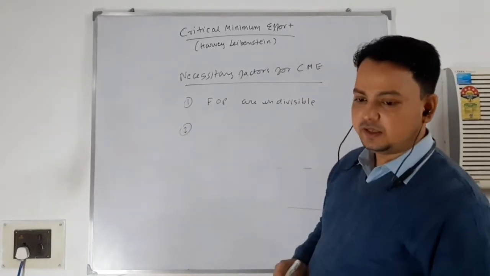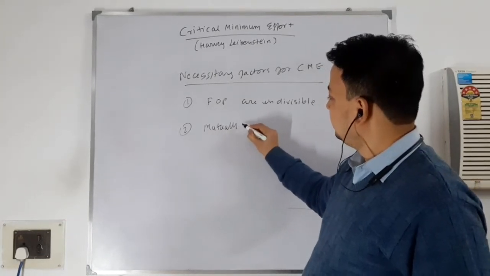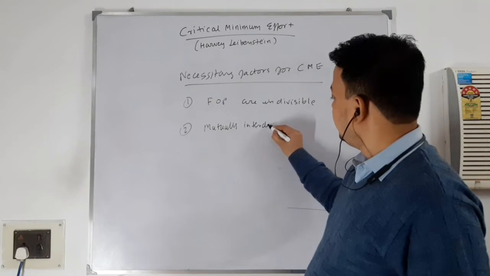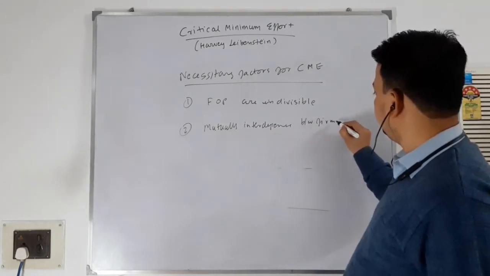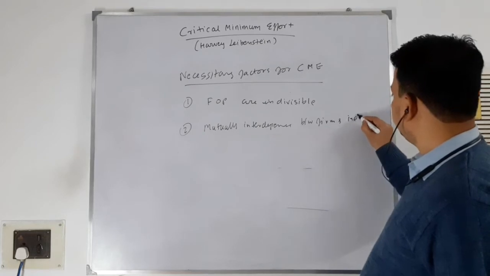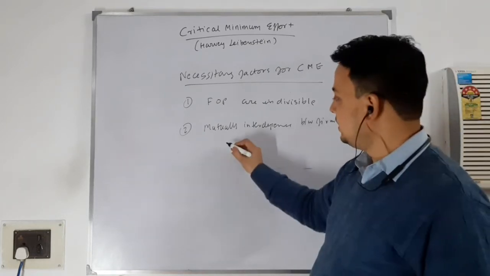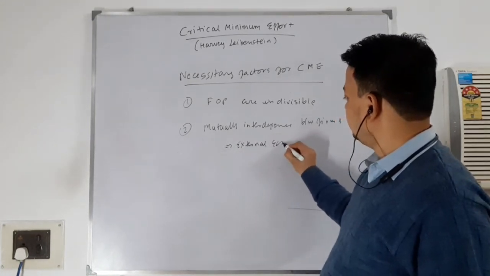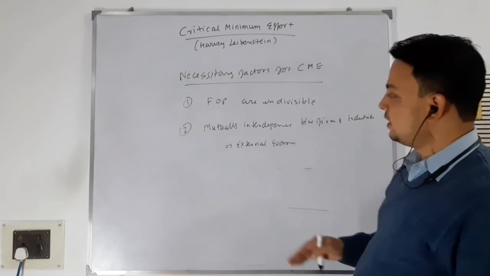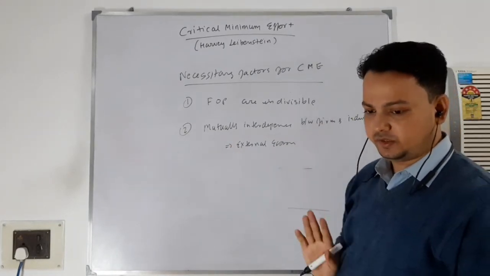Okay. Second thing, we talk about mutual interdependency between firms and industries. We have talked many times, when you have mutual interdependency, this will give rise to external economies. And these external economies will be achieved when you have a certain minimum level of firms and industries.